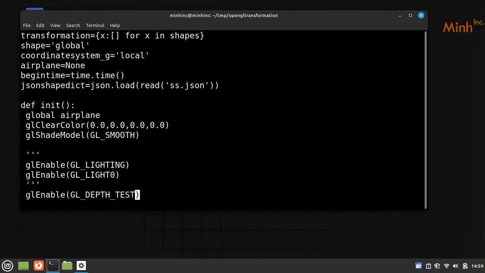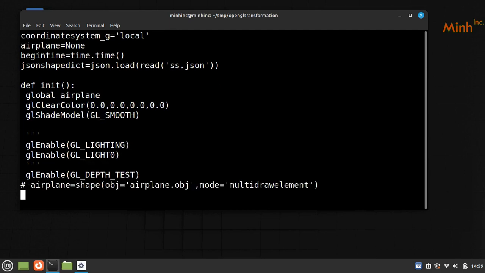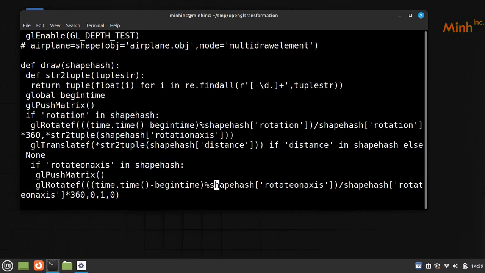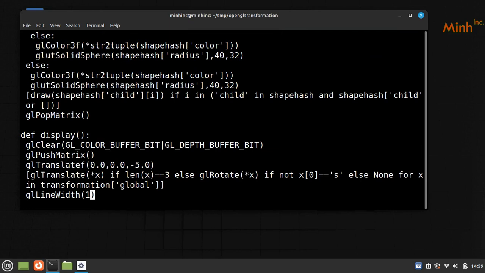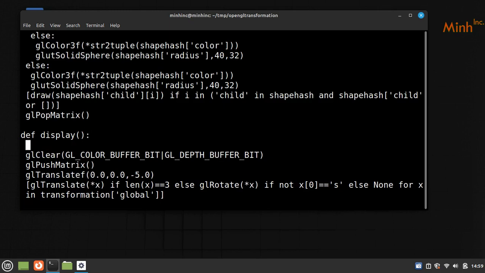So we have disabled lighting right now, so only other parts are there. Okay, so begin time, that we have taken care. Now we'll come to display and we'll say global relationship dict. Okay, so this is the global shape.